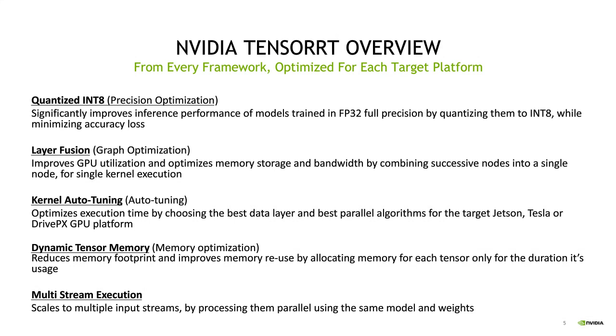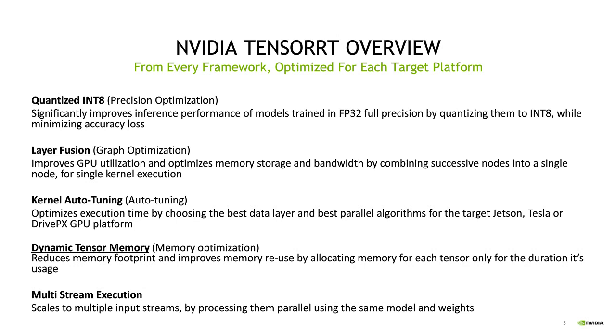TensorRT will also try to select the best kernels for each layer for the target platform, such as Jetson, Tesla, or DrivePX GPU platform. And with dynamic tensor memory, it reduces memory footprint and improves memory reuse by allocating memory for each tensor only during its usage.